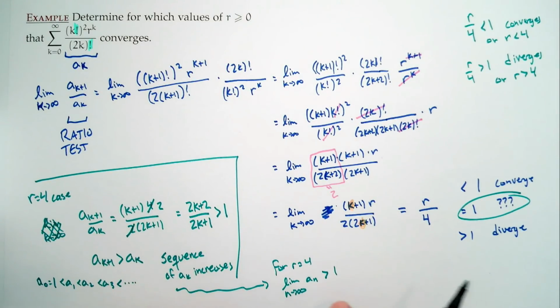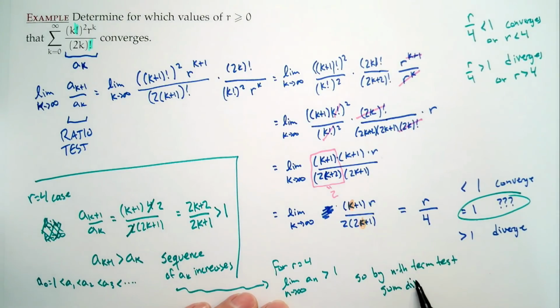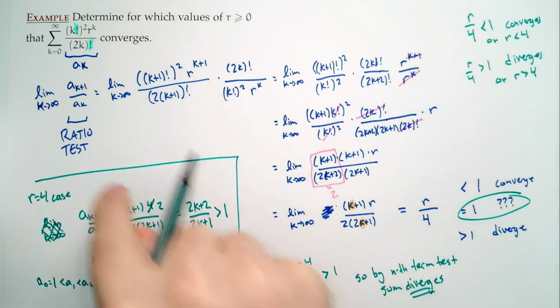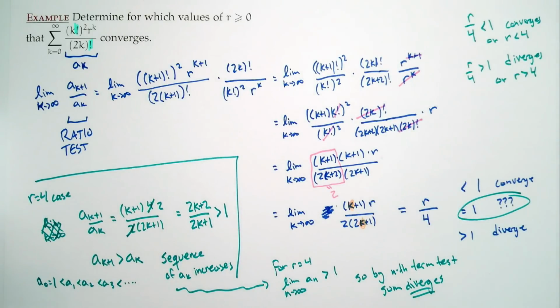Now, if the limit doesn't go to 0, what's our conclusion? Our conclusion is, by the nth term test, we see that the sum has to diverge. All right. Now, in that case, we didn't really use the ratio test, but we sort of said, can we extract a little bit more information?